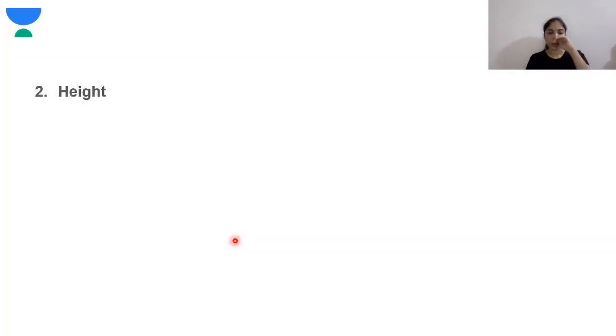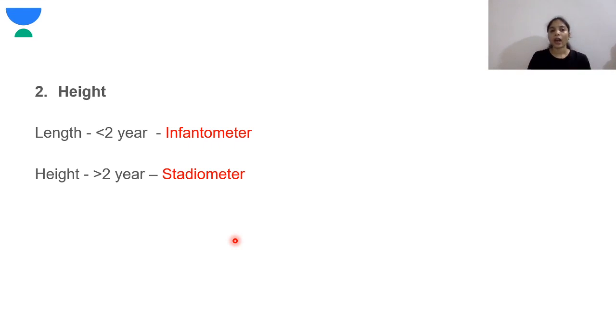Okay, so height. For height, a very important thing you need to know: for a child less than 2 years, it is the length, measured in the supine position. You measure the length of the child, because it's difficult to make a child less than 2 years stand.